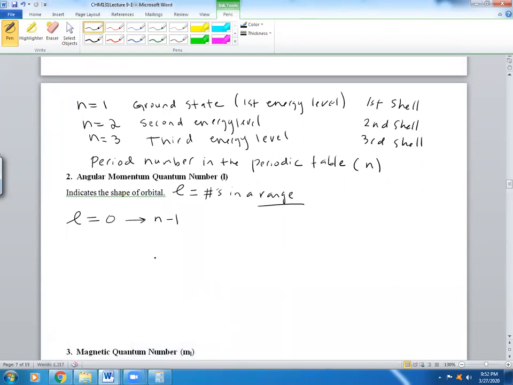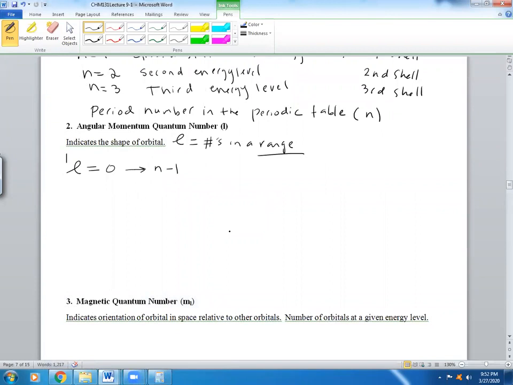So let's begin. If I have n equals 1, then L starts from 0 and anything less than this. So the only thing I have is 0. 1 minus 1 is still 0, right?